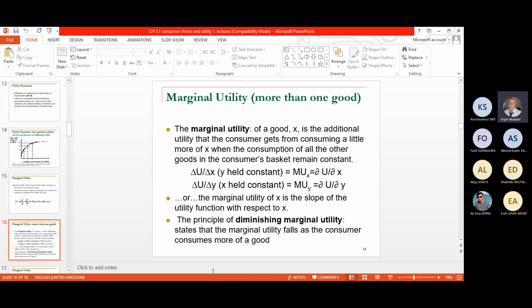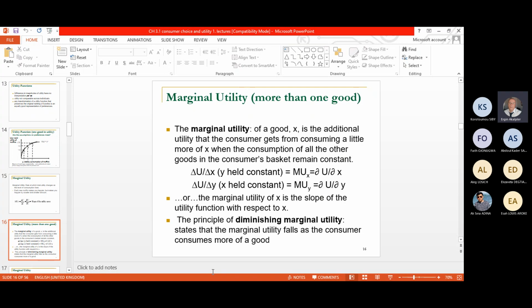And the marginal utility, when it is defined for more than one good, which we are going to represent in two dimensions: the marginal utility of a good X is the additional utility that the consumer gets from consuming a little more of X when the consumption of all the other goods in the consumer's basket remains constant.